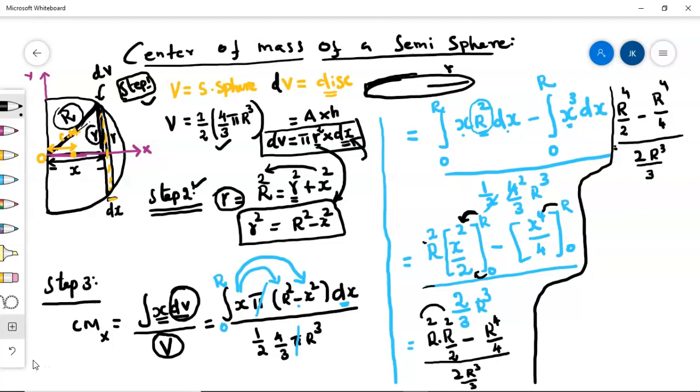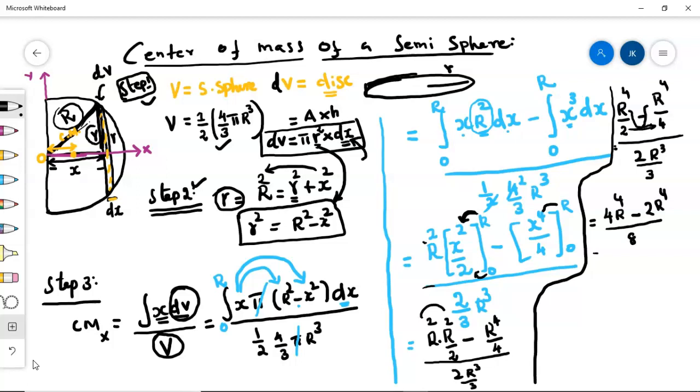So it is equal to, when you cross multiply here and here, it will be 4r to the power 4 minus 2r to the power 4, and the denominator is multiplied. 2 times 4 is 8.